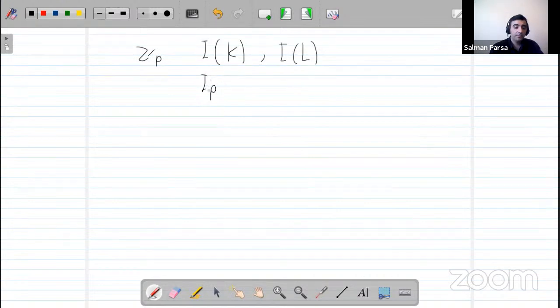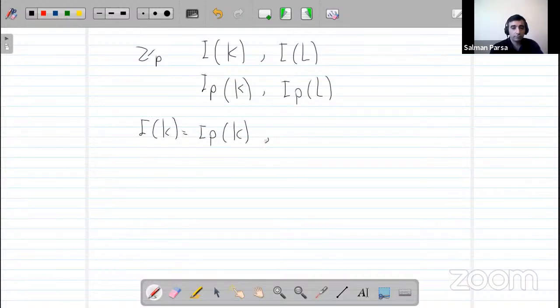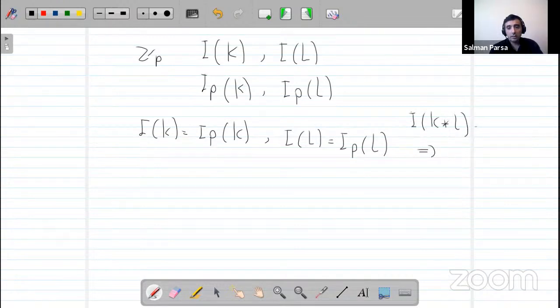I sub P of K is the Smith index modulo P, and I sub P of L also is a Smith index modulo P. Now, if we have that these are actually equal, so this is I, and this is I sub P. If they're equal, then the index of K join L is the sum of the indices. So this is a nice stability situation.